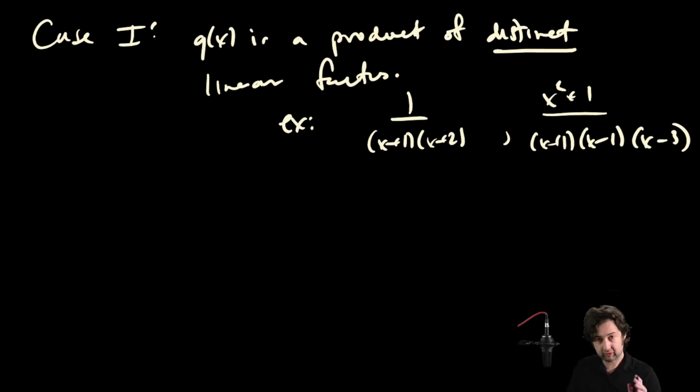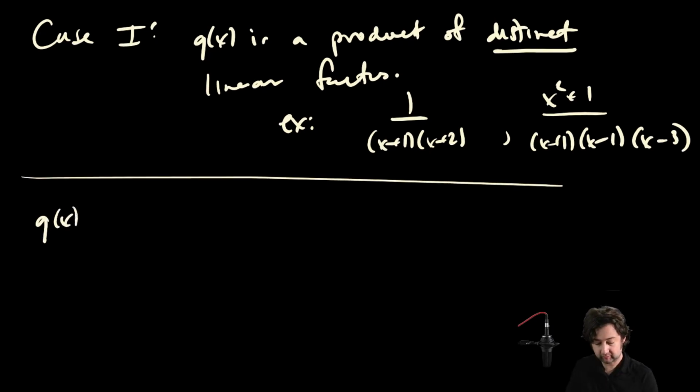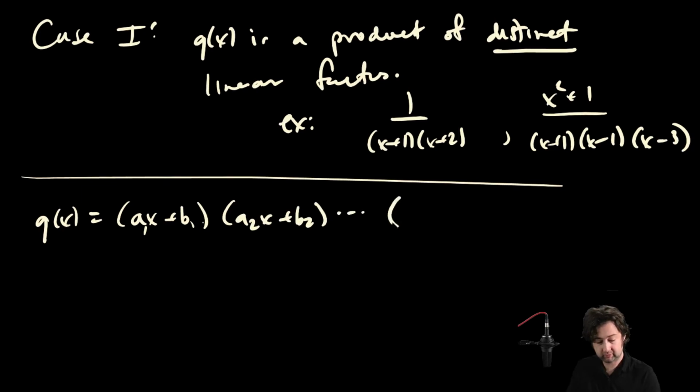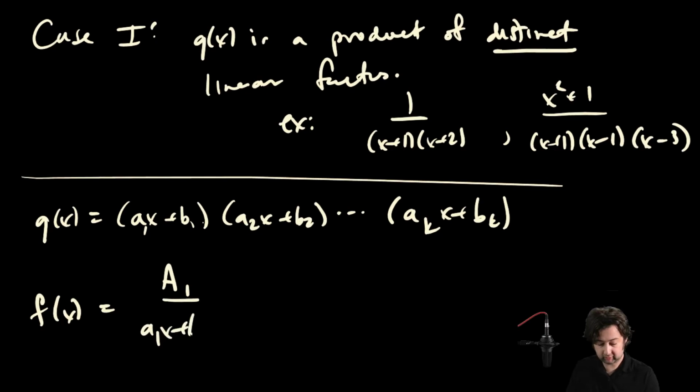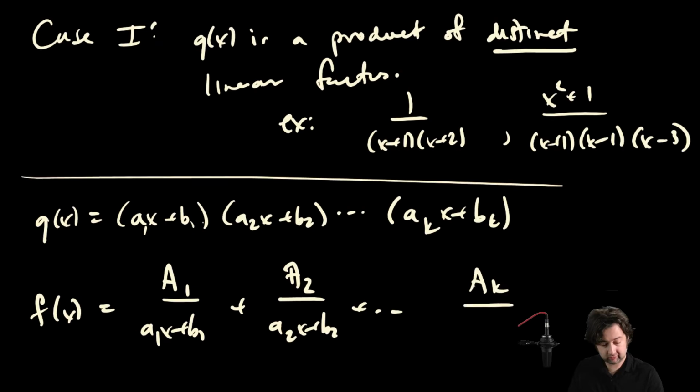In this case, what the partial fraction theorem says is that if you have a q of x, which is equal to a1x plus b1, a2x plus b2, down to akx plus bk, that is, we have k distinct linear factors that q factors into, then f of x is going to turn out to be able to be written as A1 over a1x plus b1 plus A2 over a2x plus b2 down to Ak over akx plus bk.